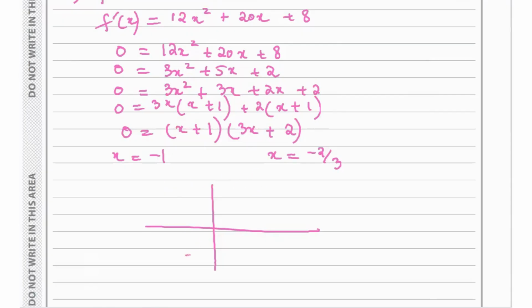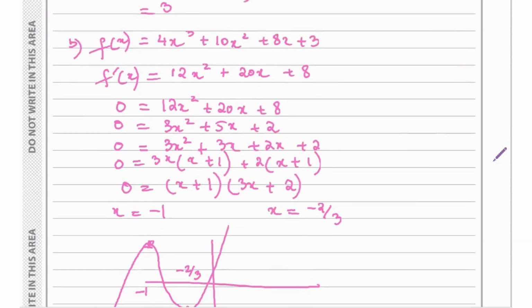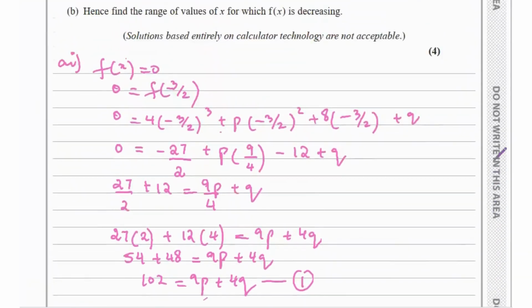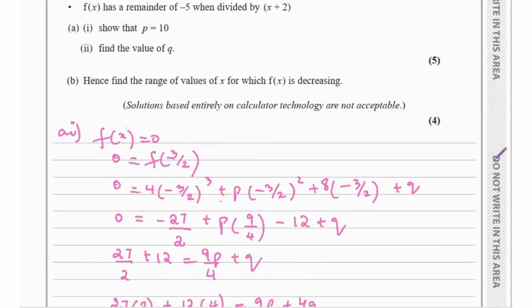So negative 2 over 3 is going to be over here, negative 1 is going to be over here. So that means the graph is going to be something like this, let's say. The question said find the range of values of x for which the function is decreasing.